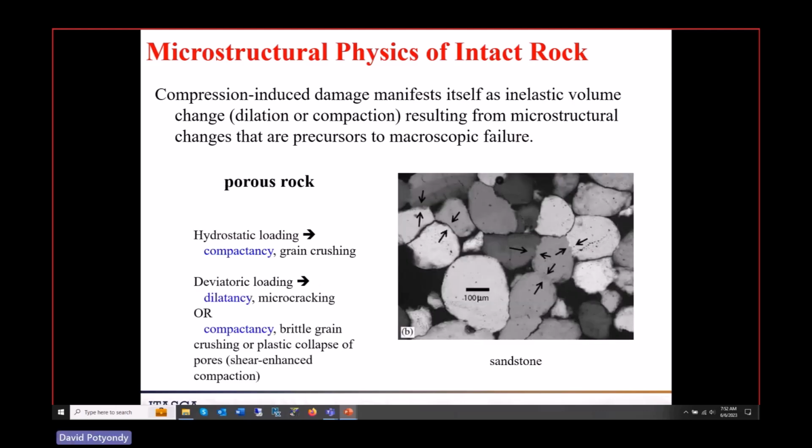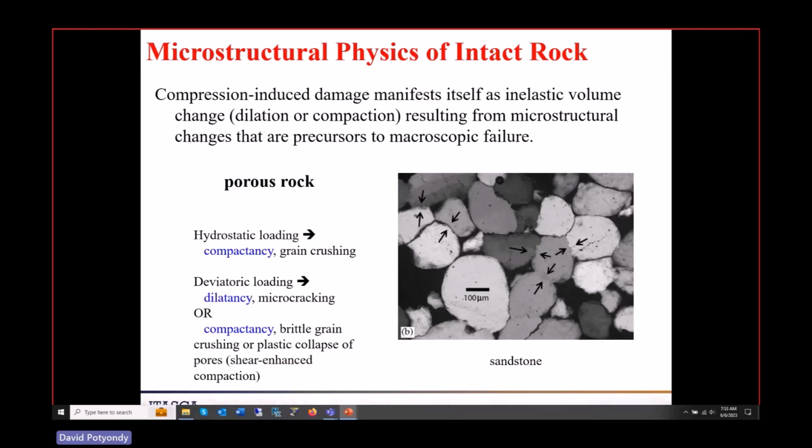In porous rock, it's much more complicated. Let's talk about deviatoric loading first. Again, you're getting dilatancy because of microcracking, or sometimes you're actually getting a compaction band, a localized, relatively thin layer of four or five grain thickness where grains are crushing and compacting in a localized region.